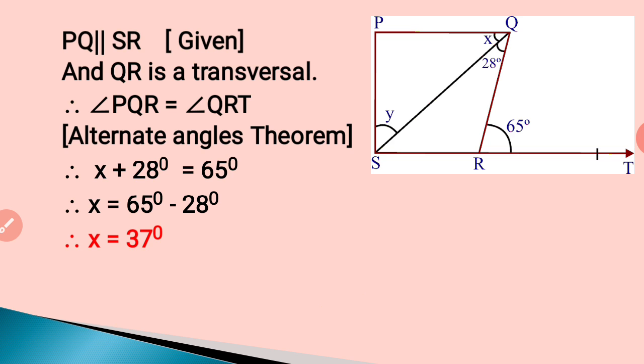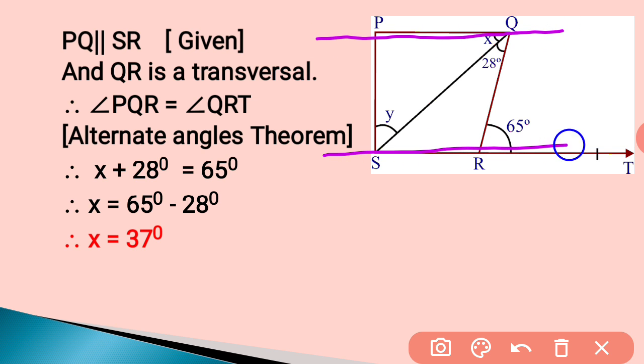Before we proceed to get Y, we have another transversal. We are considering PQ and SR as the parallel lines, and now we are concentrating on QS as the transversal. In that case, angle X and angle QSR are alternate interior angles, and we can use the alternate interior angle theorem once again.